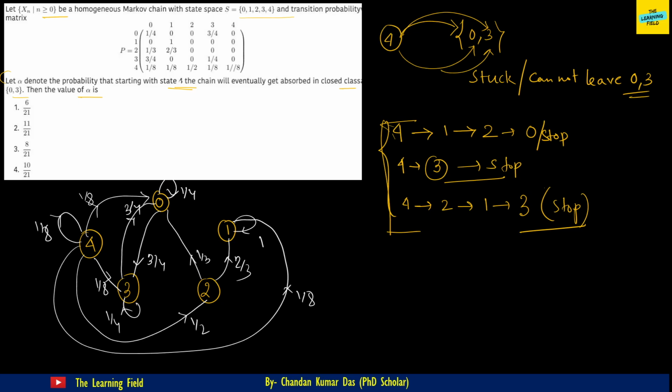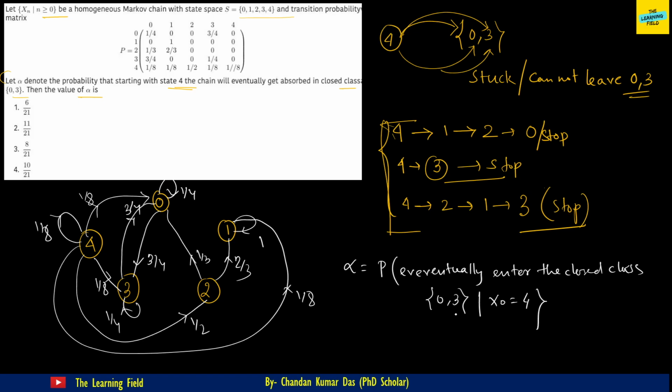Now we have to start from 4. What is alpha? You have to understand that alpha is the probability of eventually entering the closed class {0, 3}, given X0 equal to 4. We have to find this probability; this is the value of alpha.